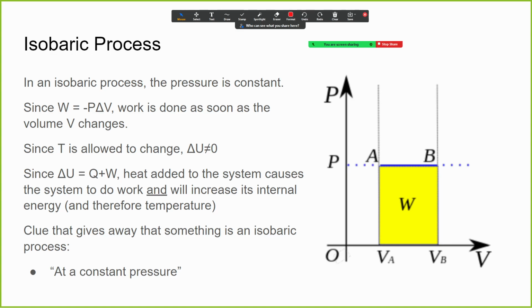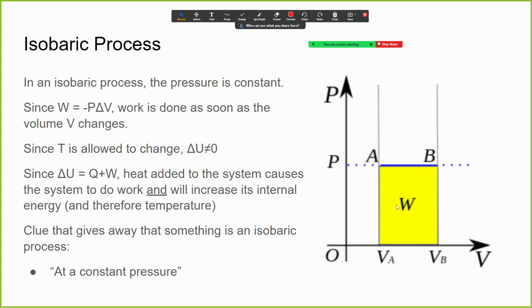Because T is allowed to change, the change in internal energy is also not zero. Since delta U equals Q plus W, heat that's added to the system causes the system to do work, and the internal energy of the system, and therefore temperature, are also going to increase.